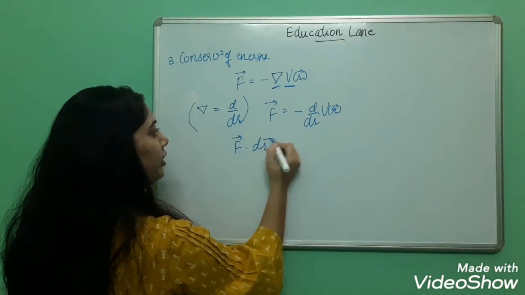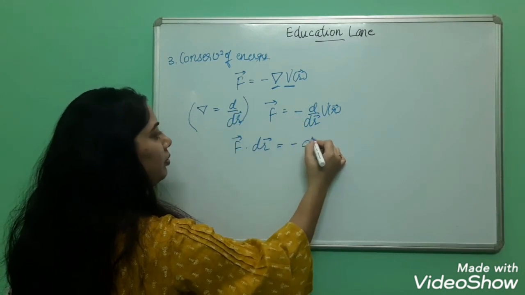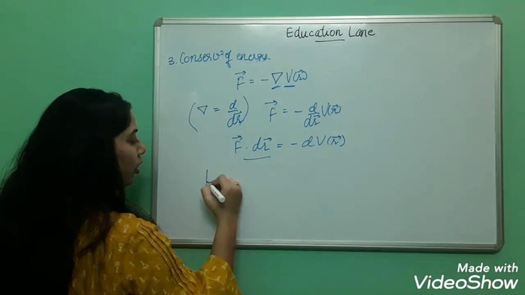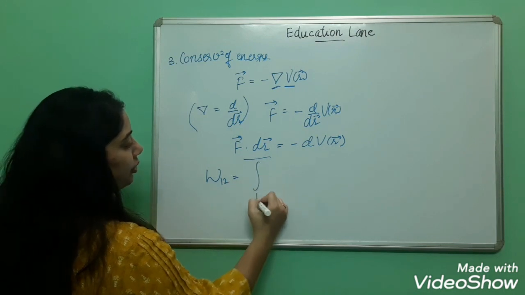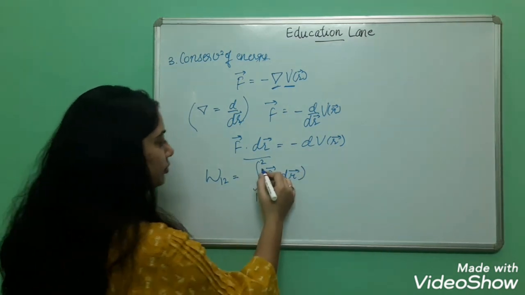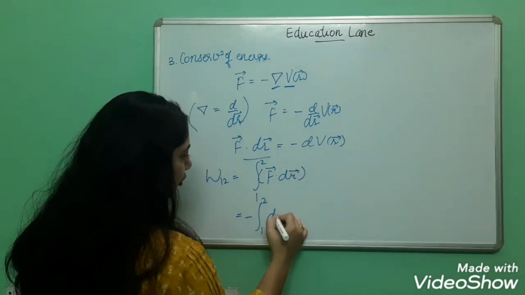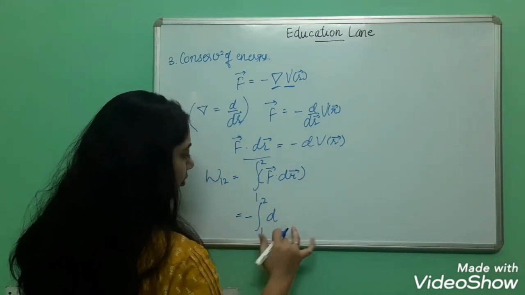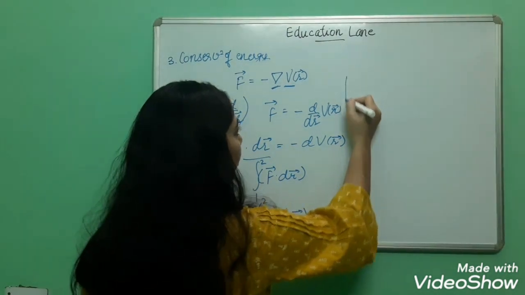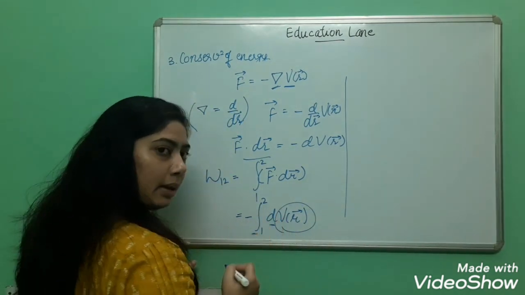Good. Now work done in carrying a particle from point 1 to 2 will be integral of F dot dr. This will be integral from 1 to 2 of negative dV of r. Here V is the potential. Now integrating and differentiating at the same time will give me the same value.